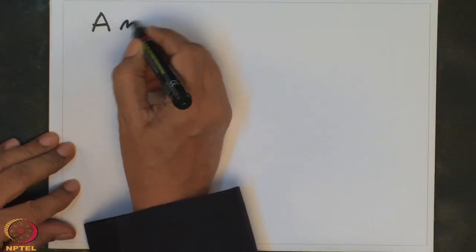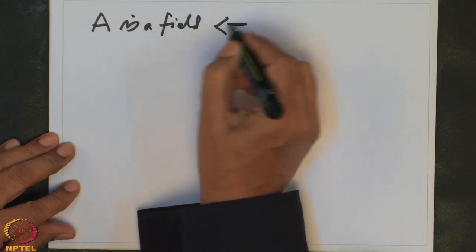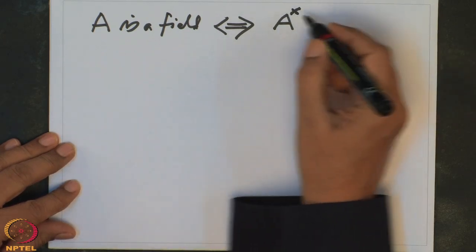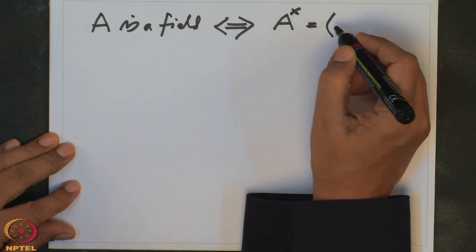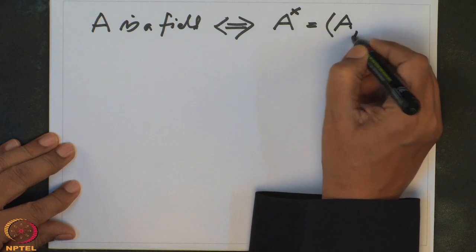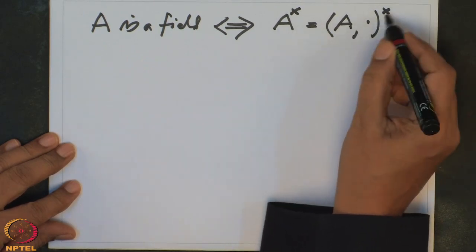How do we test whether some ring is a field or not? Note, now it has become easier to state: A is a field if and only if A cross is the unit group of A. So take A with multiplication, this monoid, and take the cross of that.